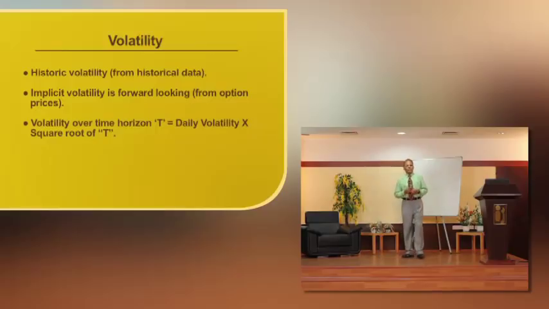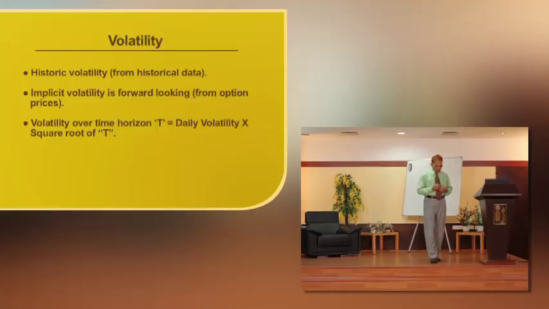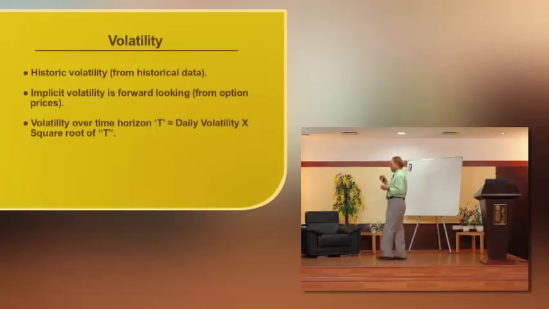There is a forward-looking volatility which is known as implied volatility. Implied volatility measures the kind of volatility which is expected in the future based on the option prices. Why option prices?